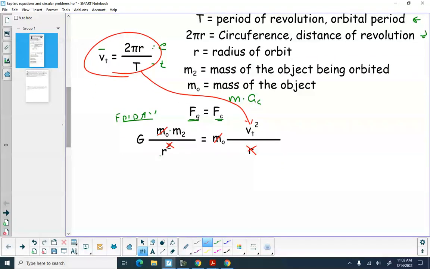What we are left with here, let's clean this up a little bit. We have a G still left over here. We still have an M2 left over here. We still have a radius left over here. On the right-hand side, we have 2 pi r divided by T, and that is squared. All we're doing is making a substitution.